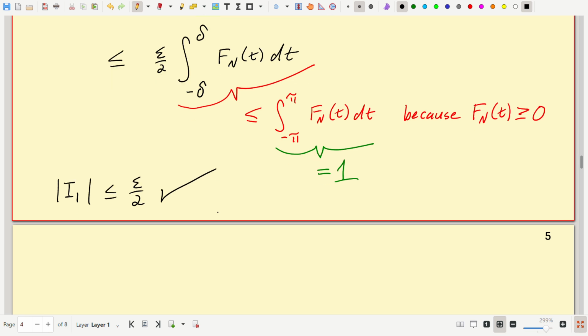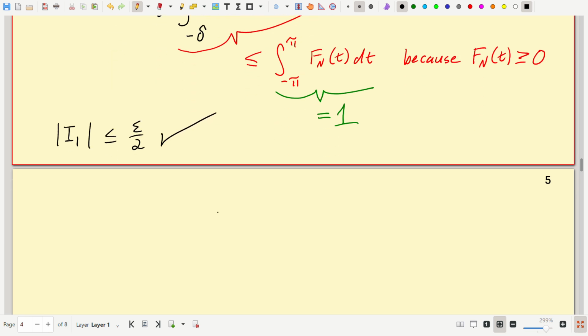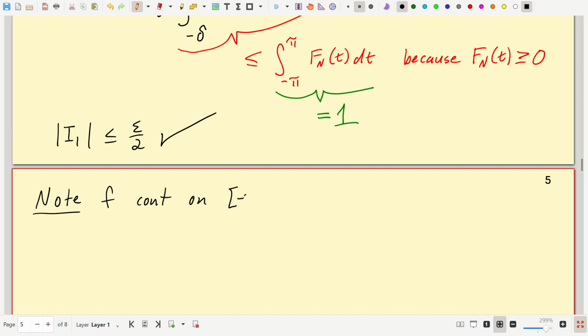Okay, so now I got to mess around with the other integral. And it's going to also be very straightforward. So before we continue, note, f is continuous on a compact set, minus pi to pi, meaning closed and bounded. So f is bounded there. Remember, being continuous on a closed interval means it's bounded.